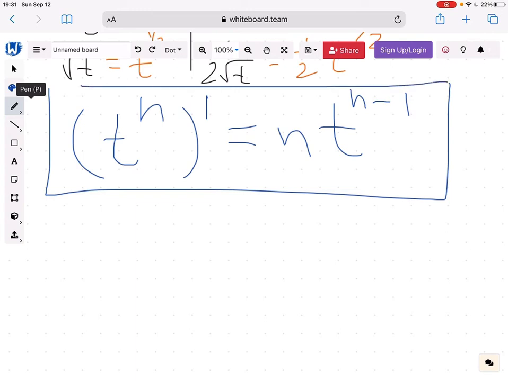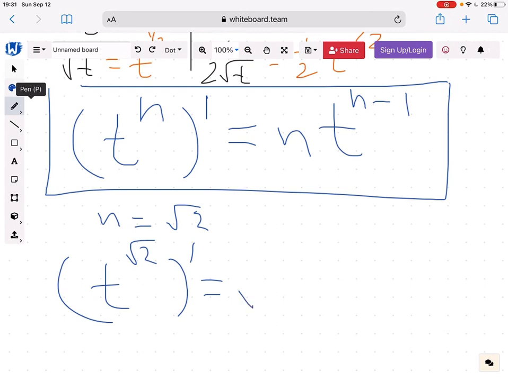Now, since it works for any n, we can take whatever we want. For example, if somebody crazy comes to you and says, tell me what's the derivative of t to the power of square root of 2. You say, well, first you should probably ask that person what is t to the power of square root of 2. Let him explain it to you. But anyway, it doesn't matter what it is.